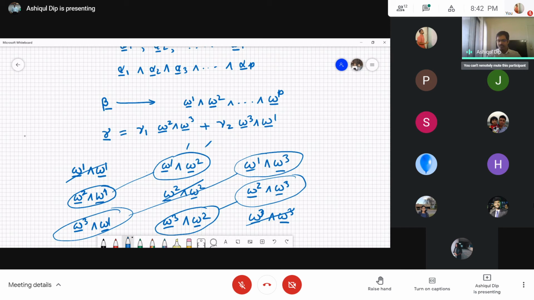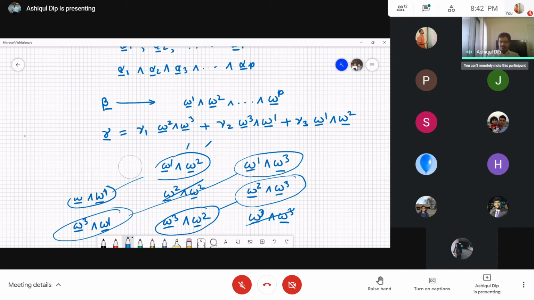Obviously you can try it. And then finally we'll have one like that. These are the only possibilities for a 2-form to be written. Is that clear? Okay, if it is clear enough, then we can proceed.